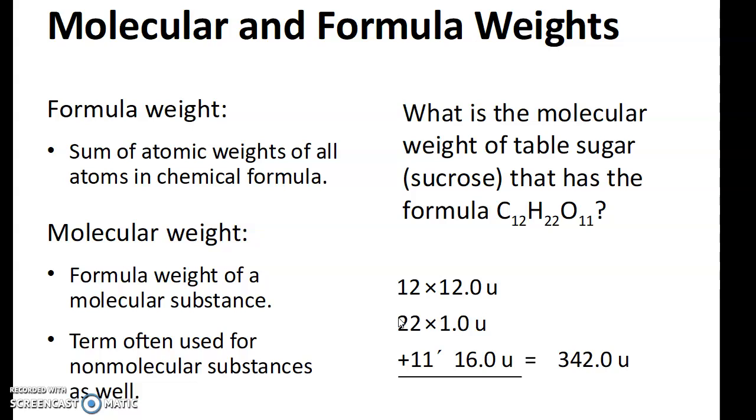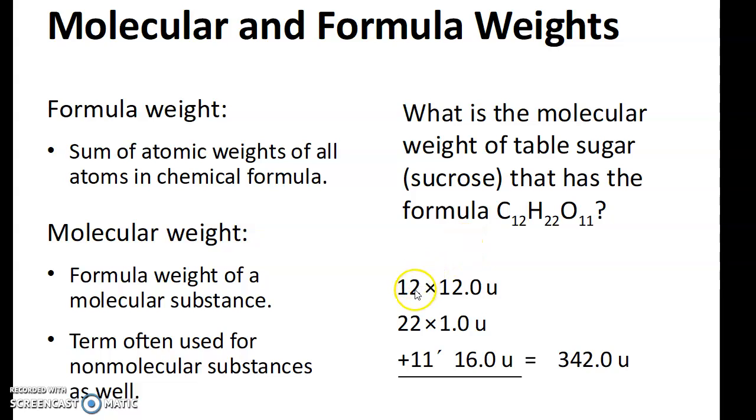We also have molecular weights and formula weights, and these are an important aspect of what we have to calculate, and you did some of those calculations during the last chapter. The formula weight is the sum of the atomic weights of all the atoms in a chemical formula. So, for example, what's the molecular weight of table sugar, sucrose, that is C12H22O11?